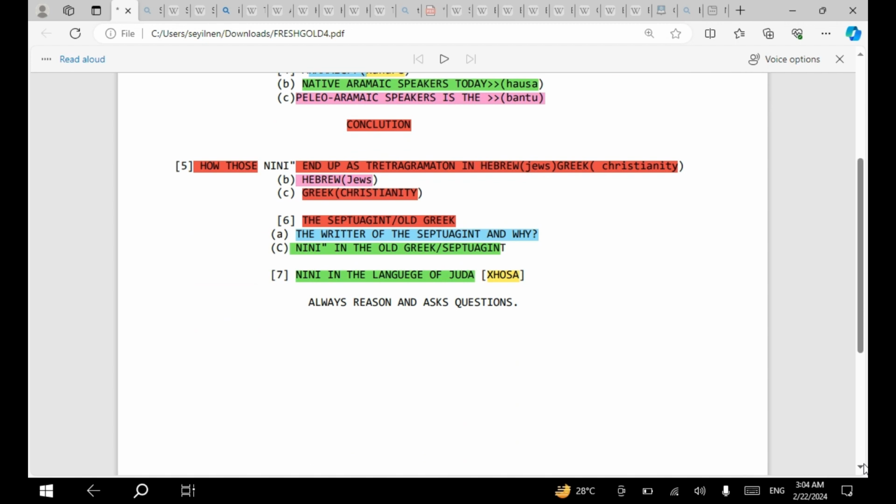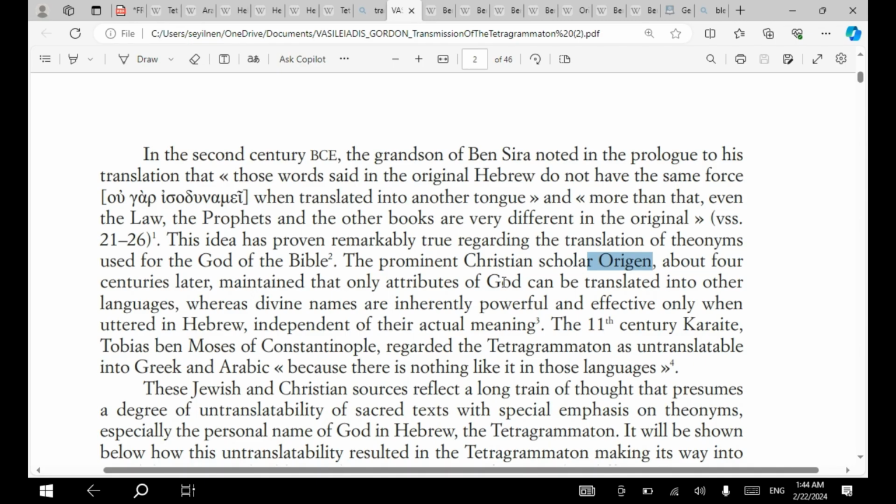That's why you see the King James Version is so accurate. It can be translated into other languages where divine names are inherited powerfully, because he knew about the name NINI. He was copying from the original Hebrew, which the Hebrew copied from the original Bantu. I'm gonna show you.